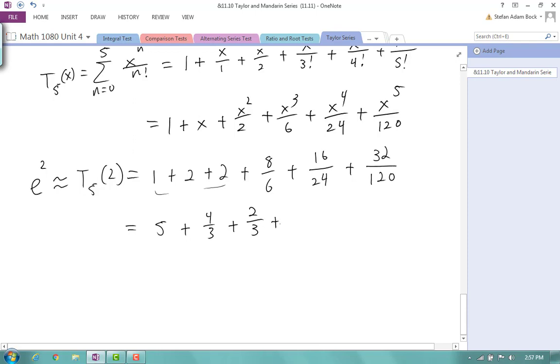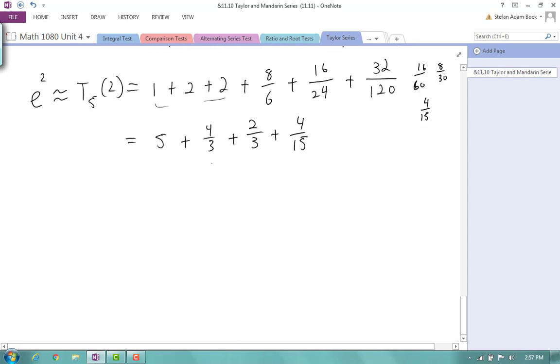Great. 120 though, this one's harder. I'll have 16 over 60, or 8 over 30, or 4 over 15, and I think I'm stuck there, plus 4 over 15. 4 thirds plus 2 thirds, that's equal to a total of 2. So this is equal to 7 plus 4 over 15.